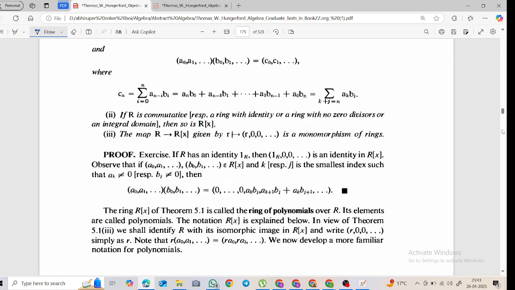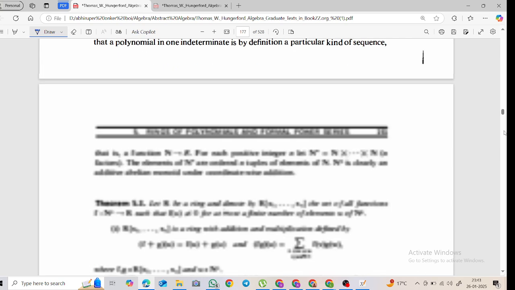Formal power series, yeah, this is also something we need to discuss.